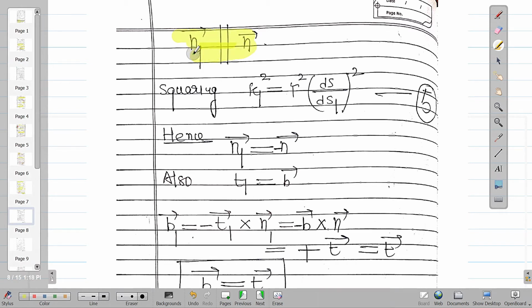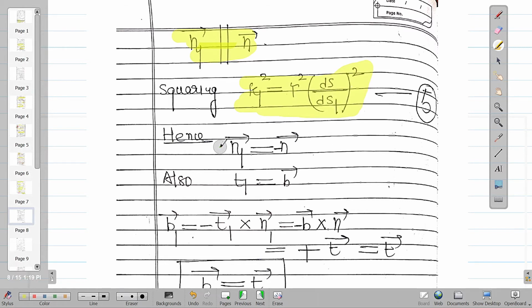Now again, to find the value of ds by ds1, just taking the scalar dot product, we get this equation. That is a very simple way to find these values. From this we can find the value of ds by ds1. Now substitute these values.